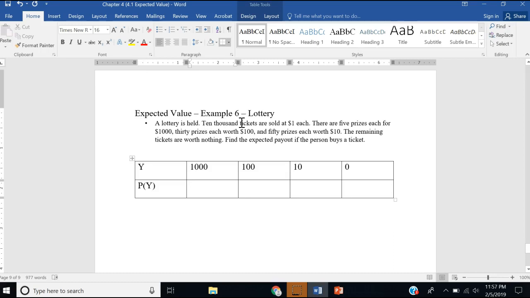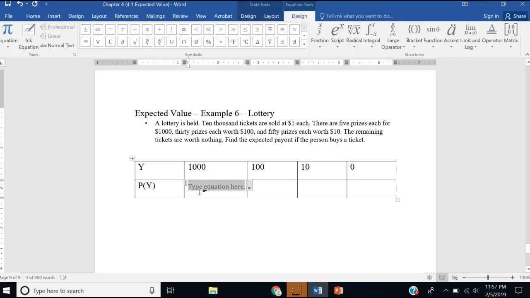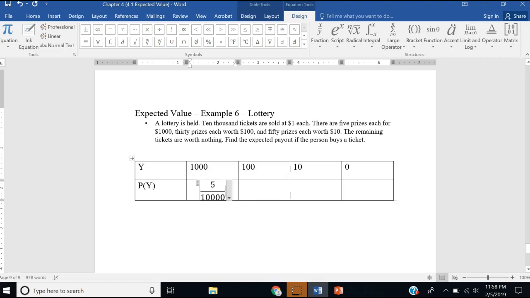Basically, we have 10,000 tickets, and 5 of those have the big prize. So what's the chance of getting one of those tickets with the big prize? Well, classical probability would say we have 5 chances out of a total of 10,000.